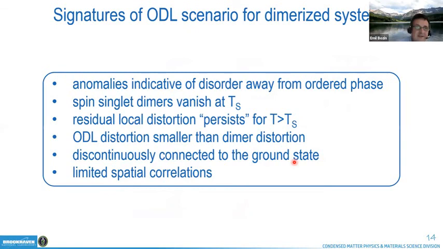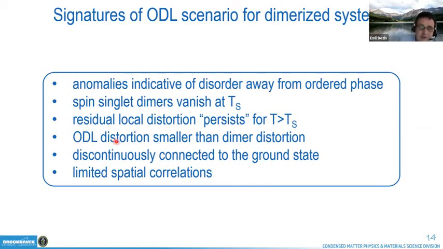So in dimerized systems, this type of ODL state has specific signatures that define a scenario. And this is as follows. In principle, properties away from the ordered phases should exhibit anomalies that are indicative of disorder. Usually spin singlet dimers that are ordered at low temperature vanish at the transition upon heating, but you end up with some residual local distortion that persists above the transition and deep into the high temperature regime.